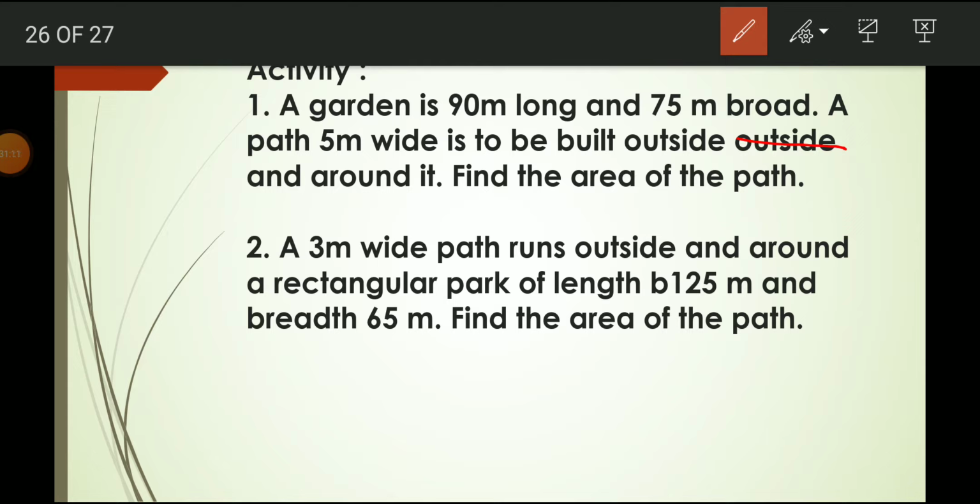Then a 3 meter wide path runs outside and around a rectangular park of length 125 meter and breadth 65 meter. Find the area of the path. In these two sums the word outside is mentioned, so the rectangle will increase.